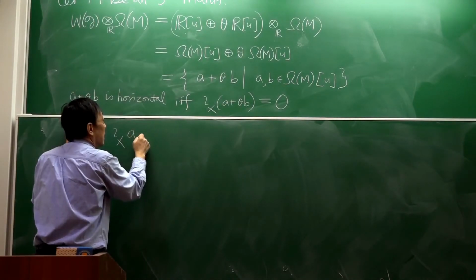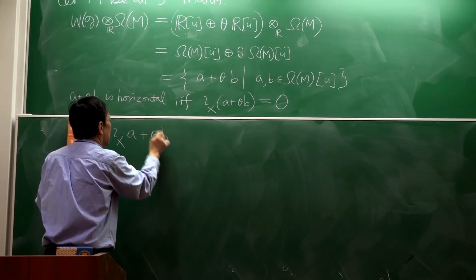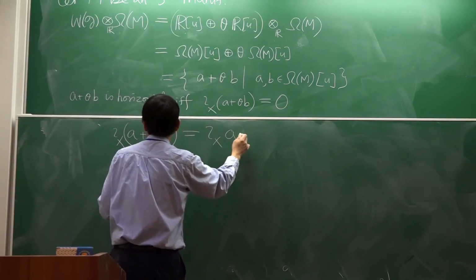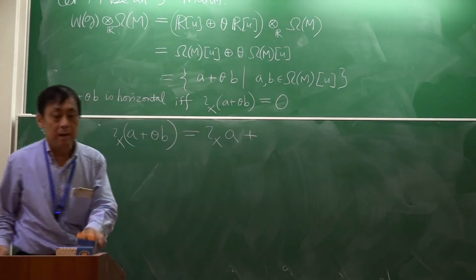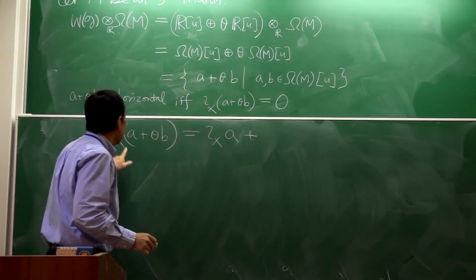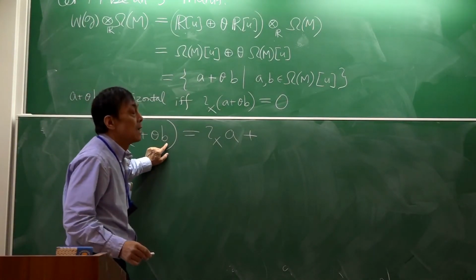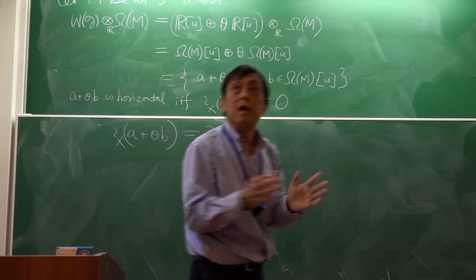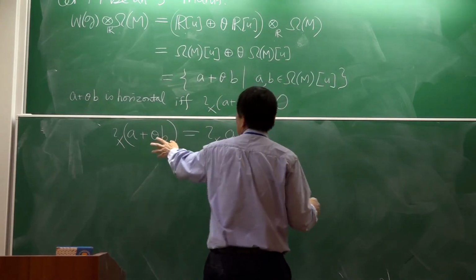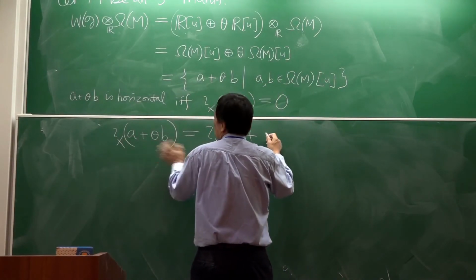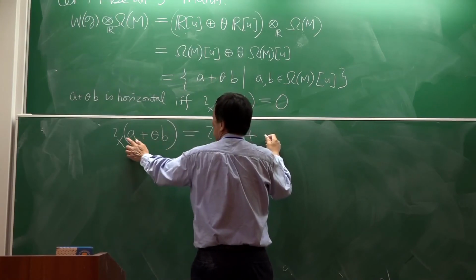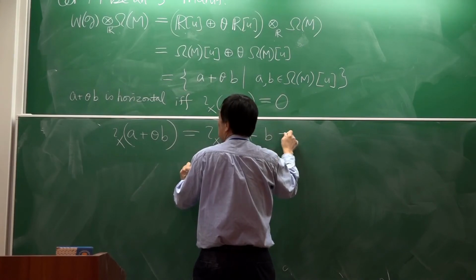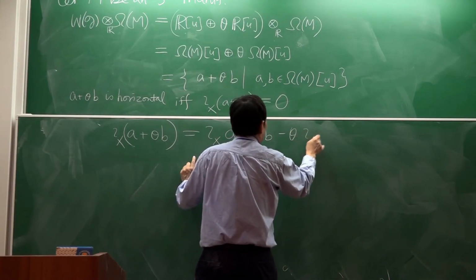Ix of A plus theta B is Ix A plus, okay, what's Ix theta B? Yeah, you need to apply the anti-derivation rule. So you'll get Ix theta, that's 1, so you get B, and then minus theta Ix B.